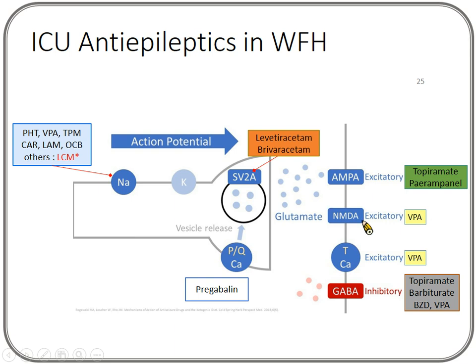Then the last group, benzodiazepines and barbiturates, have been found to enhance inhibitory neurotransmission by allosterically modulating the GABA receptor-mediated chloride channel.